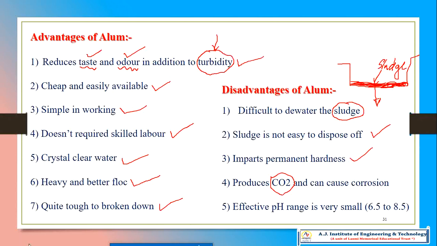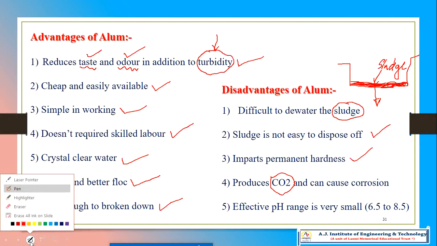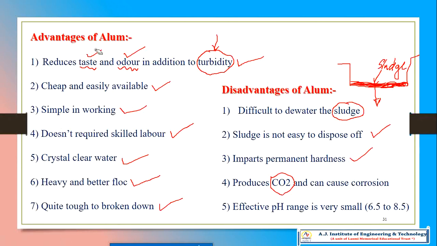So this is about your advantages and disadvantages. The first advantage is reduced taste and odor, along with the major process, which is removal of turbidity.